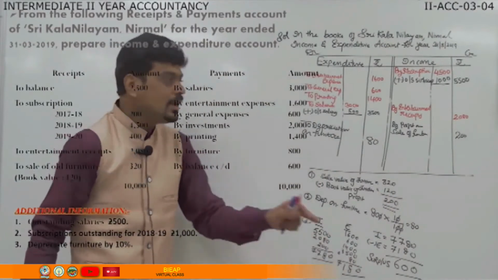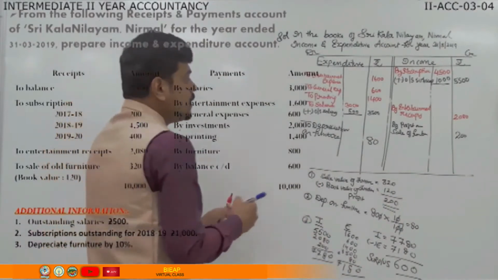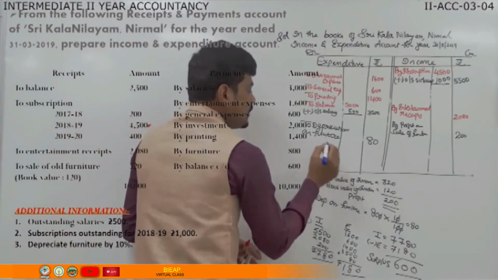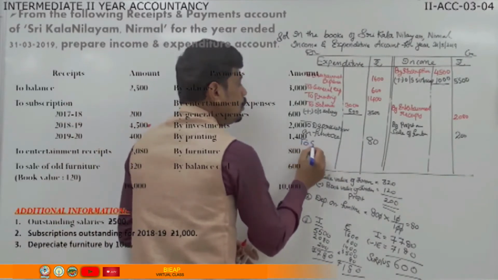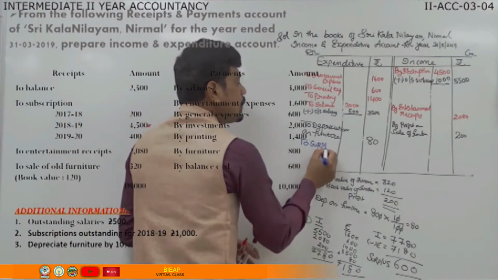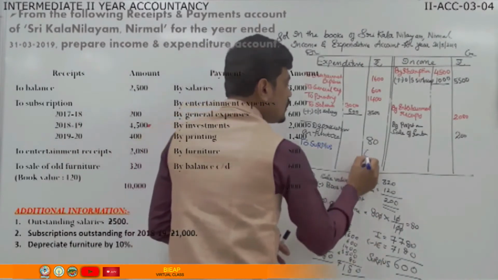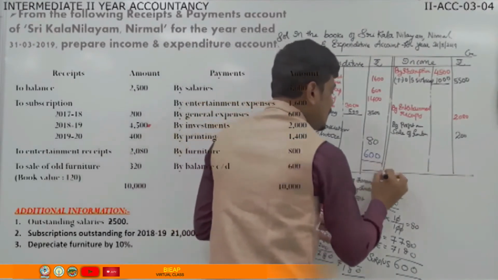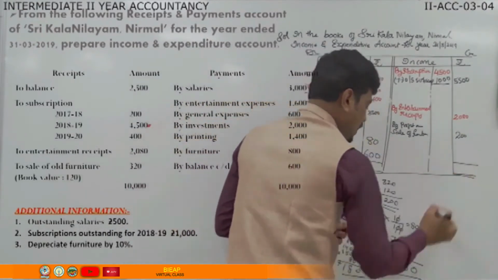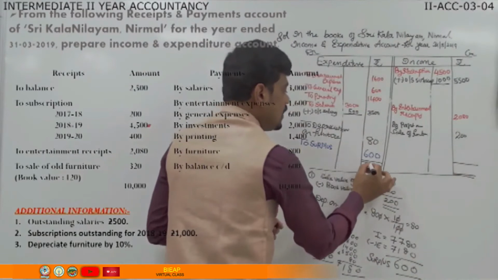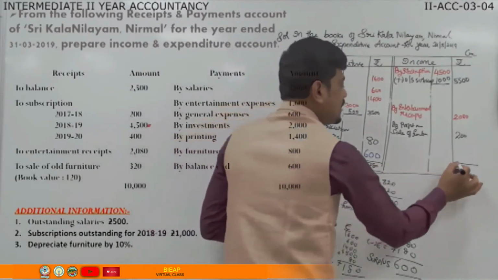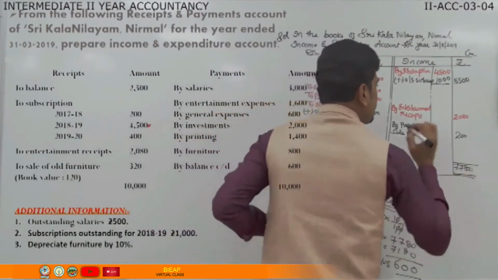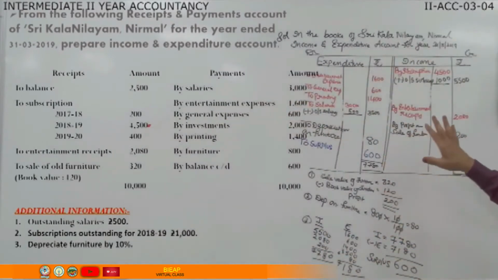We'll go and write surplus on debit side. So neatly, to surplus. How much? 600. Then close the income and expenditure account with the high total 7,780 on both the sides.